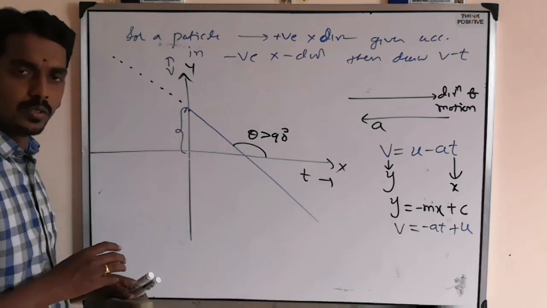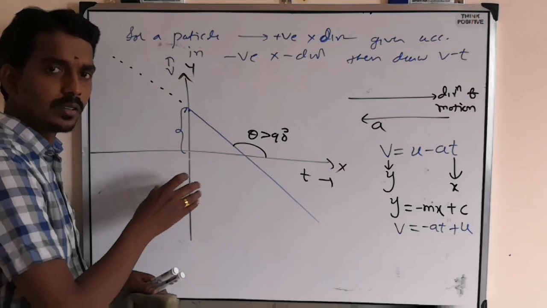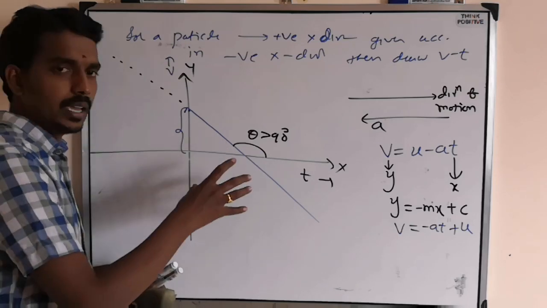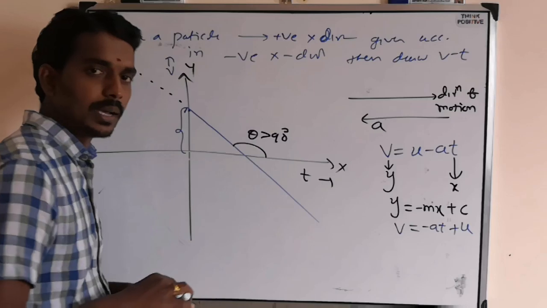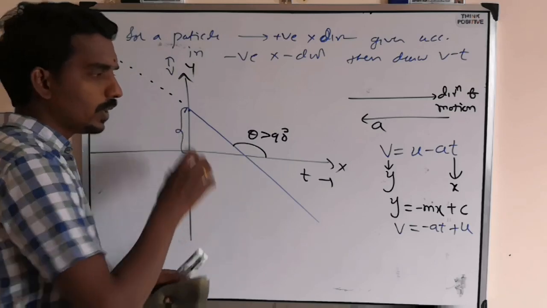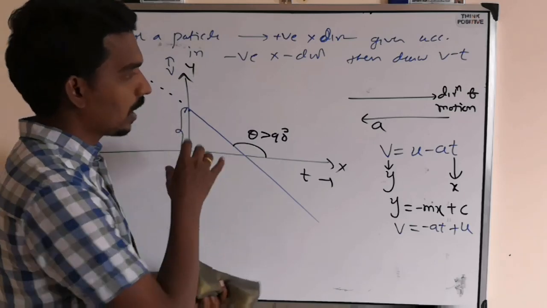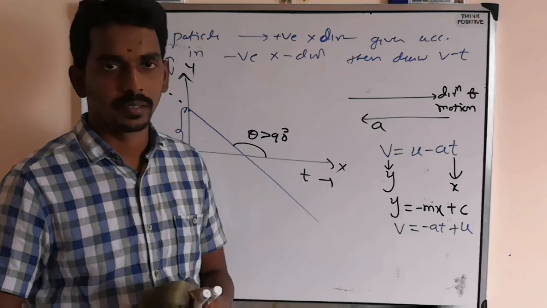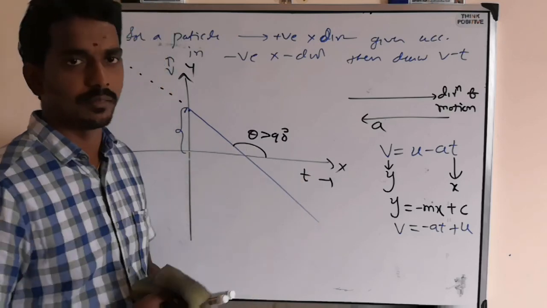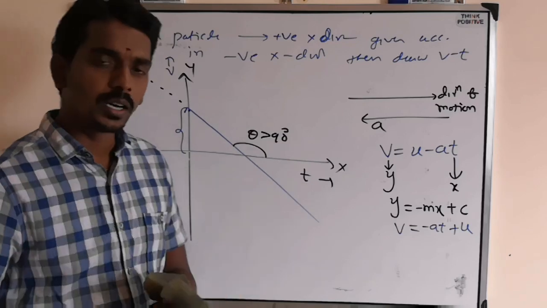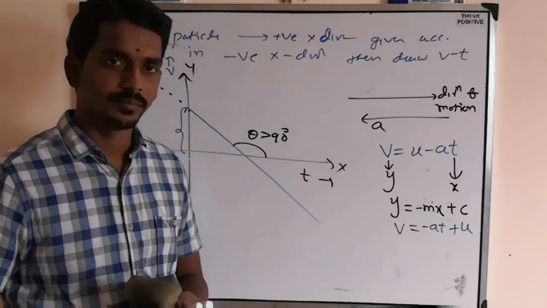So this way you can understand the question, this way you can compare with the general mathematical equation, and this way you can draw the graph. Very, very important topic: drawing the graph. So this is all about straight line graphs.